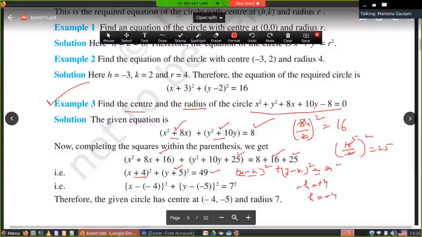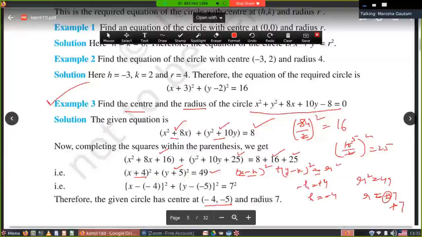Similarly, k will be equal to minus 5. And radius r square is equal to 49, then r will be plus minus 7, but because radius is always positive, you have to take the positive sign, plus 7. It means you can find the center and radius of the circle from its equation by using this concept.